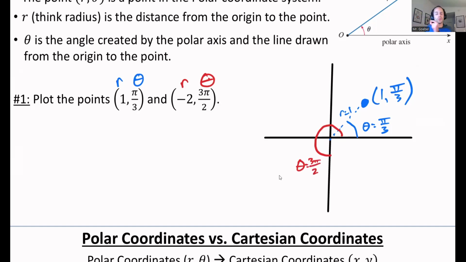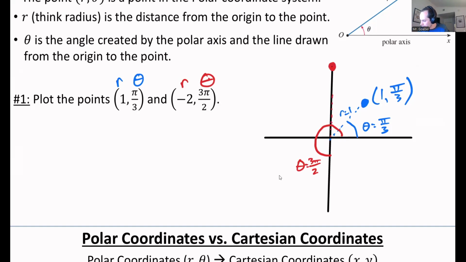Now, r is negative 2. Well, what does it mean for your distance to be negative? And here's a big rule when it comes to polar coordinates. When your r is negative, you go in the opposite direction. So 3 pi over 2 is normally sending you down, right? But if r is negative, we're going to go in the opposite direction and we're going to go up instead. So we're going to go up 2 units, and that's going to put us somewhere up here.